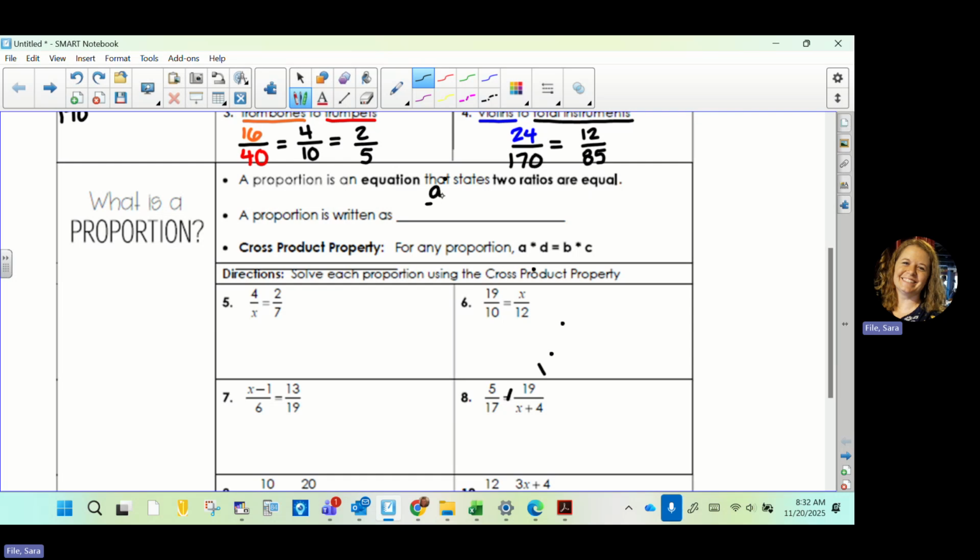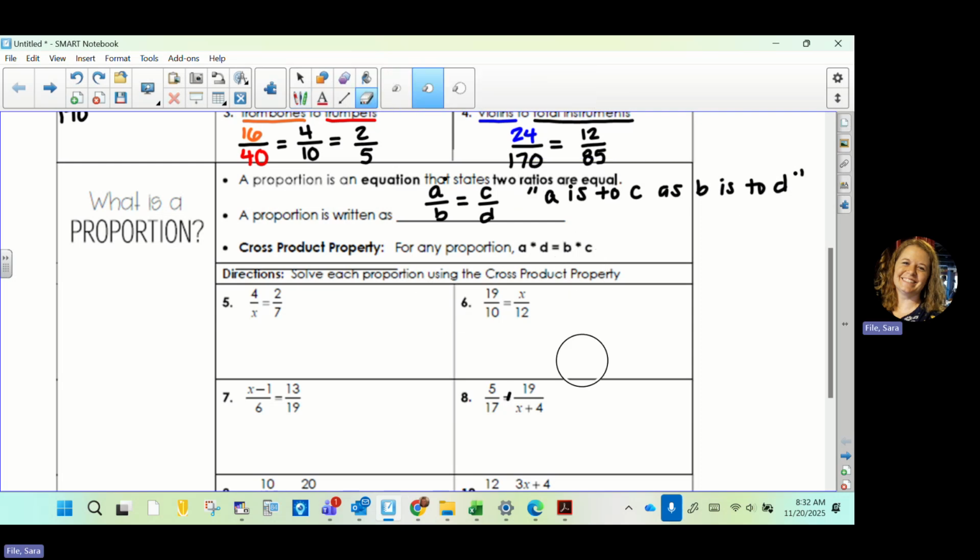So I'm going to say A is to B as C is to D. And if you want to write that in words, how you read a proportion, you read that as A is to C as B is to D. That's how you would read the proportion.